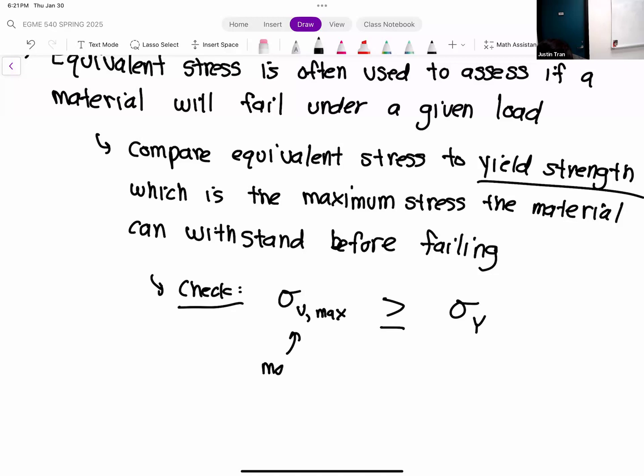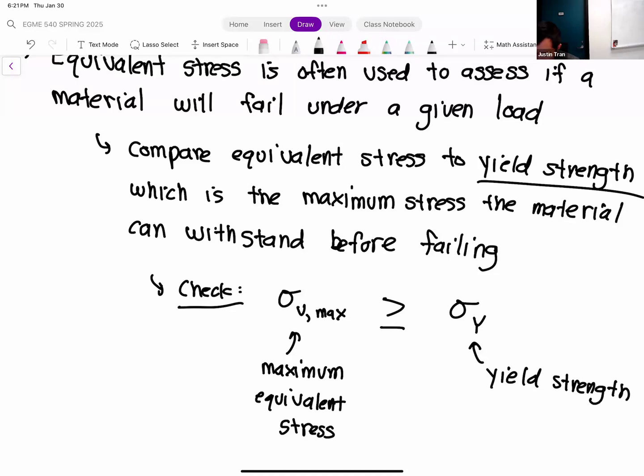This right here is the maximum equivalent stress, and this right here is the yield strength.